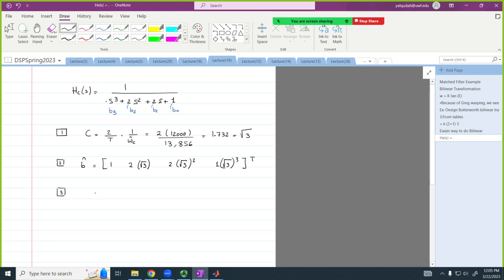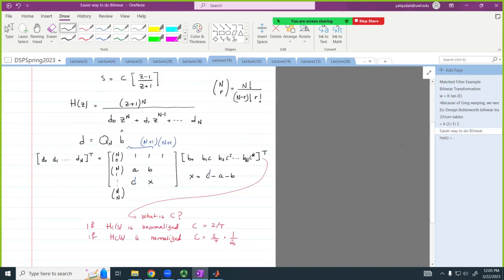Then we're going to calculate the Q. What is the dimension of Q going to be? 3 by 3 or 4 by 4? 4 by 4. And according to how we introduced it, the first column is defined, and the first row is defined.